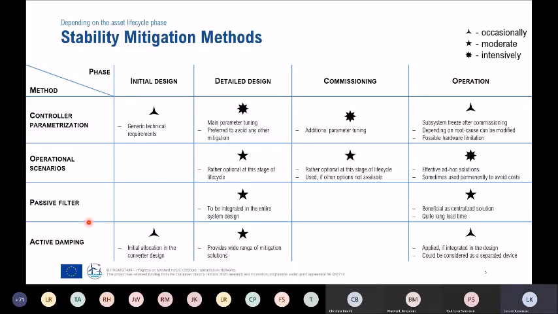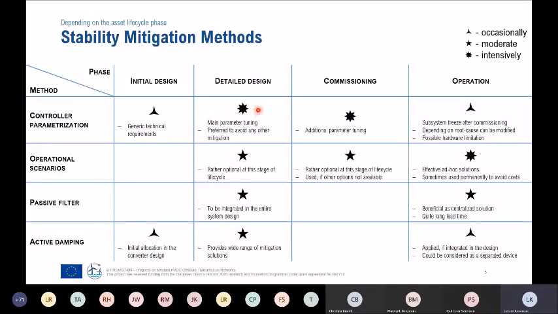And of course, this is, I believe, quite intuitive, but the less aggressive way of handling the instability is changing the controller parameters. So it is quite a preferred way of moving forward.